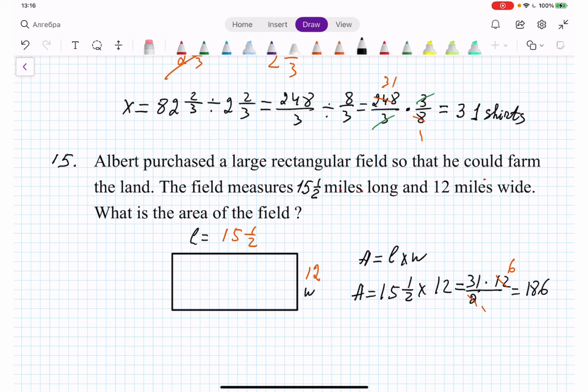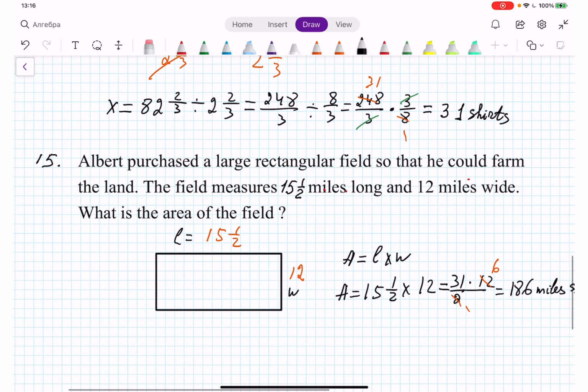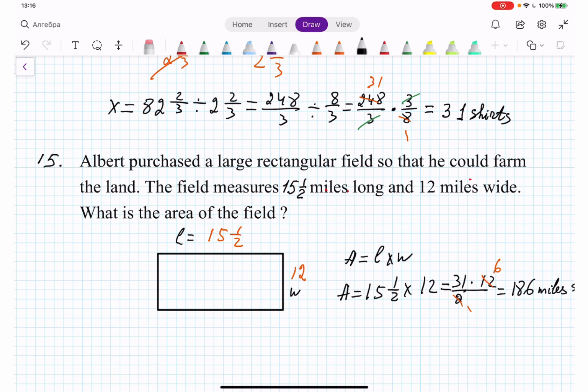Why square miles? Because here we have miles multiplying by miles, right? We are getting square miles. So the area is equal 186.